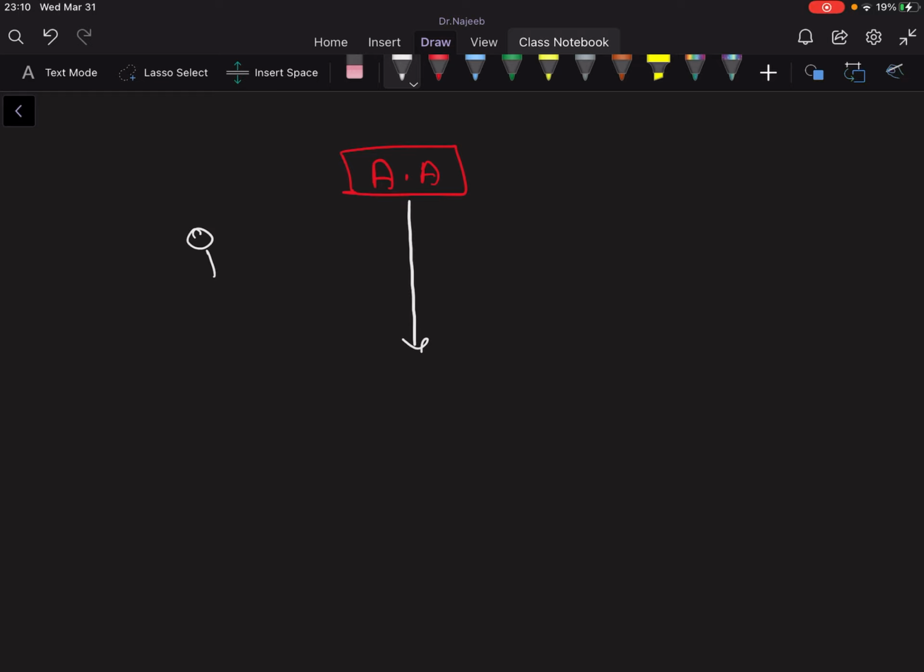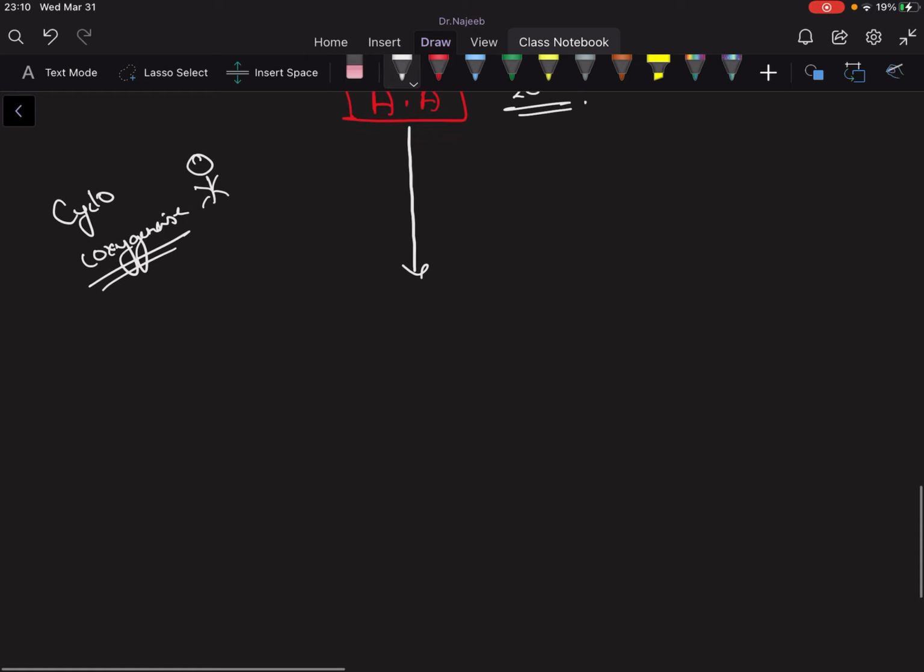So here is another enzyme called cyclooxygenase. Cyclooxygenase will again break this 20 carbon compound into smaller compounds. It will break them into prostaglandins.